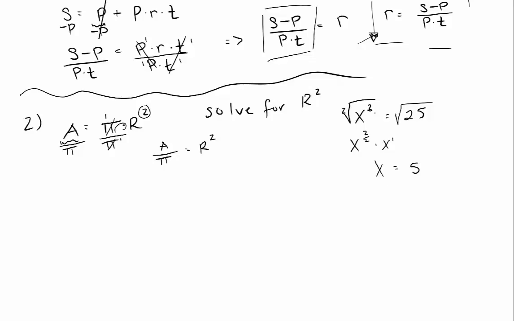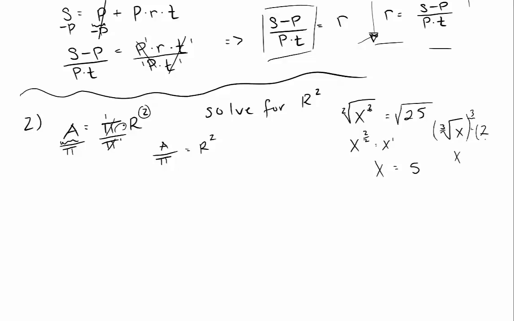And if something was already a cube root, to get rid of that, we would raise it to that exponent. So if I have, for instance, the cube root of x equals, let's say, 2, then to get rid of that cube root, I'd want to raise this side to the third power, because now the radical and this power match, and it would be 3 over 3, or x to the 1, or just x.